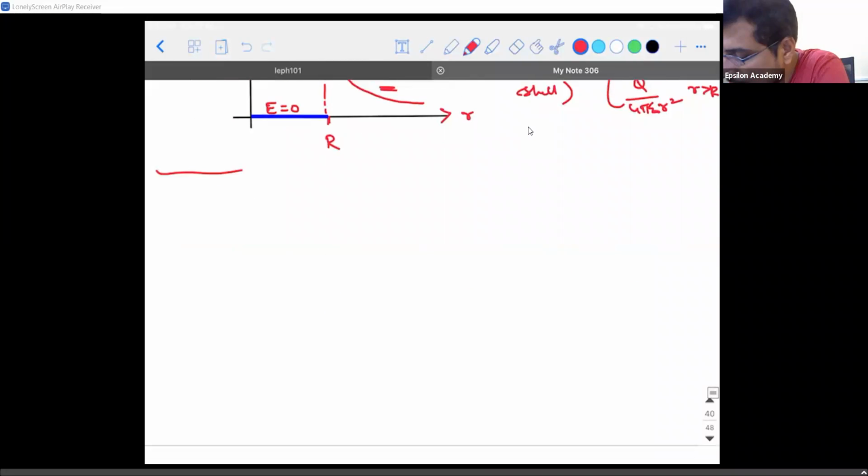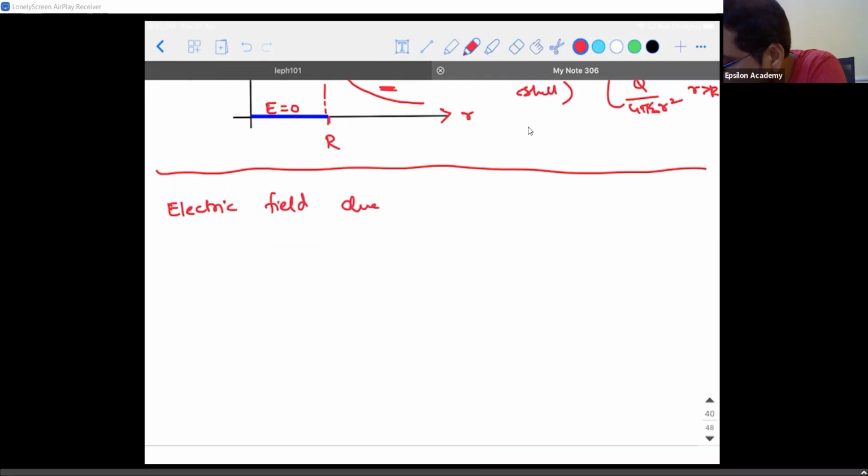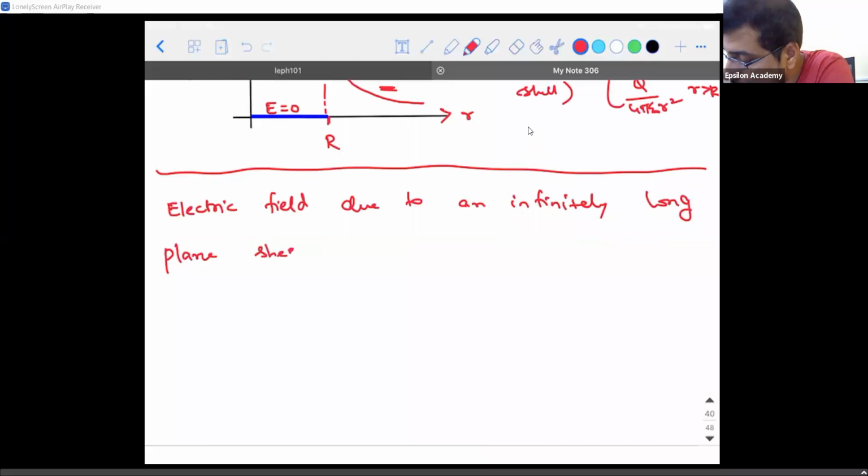So that's it. The last topic of this chapter is electric field due to an infinitely long plane sheet. Okay, that's the last topic.